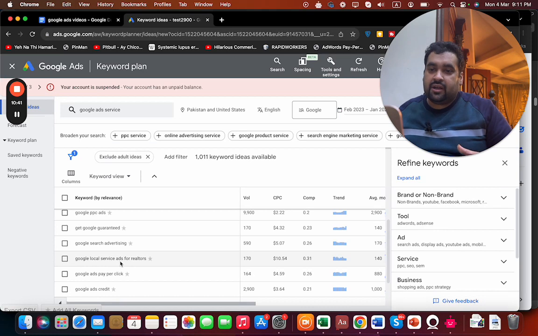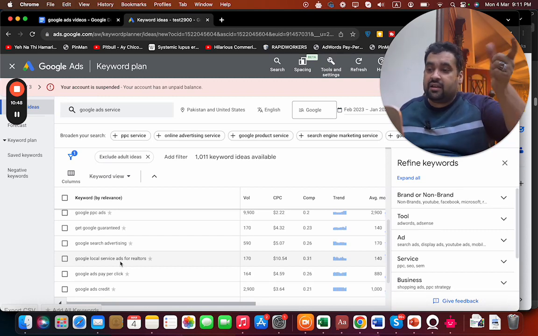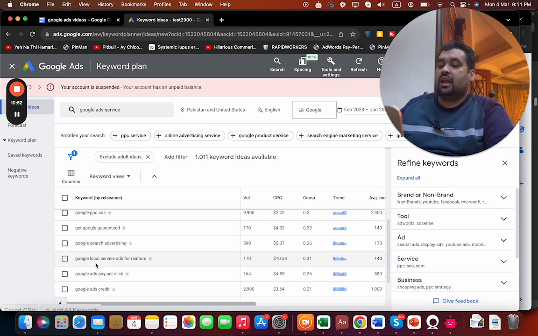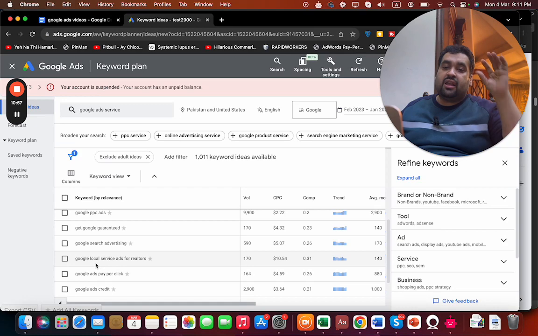That should have a separate landing page and a separate ad, so that you can exactly pinpoint those users. Someone searching for Google PPC ads and someone searching for Google local service ads for realtors both have a different intent, and that is very important in making a campaign successful.